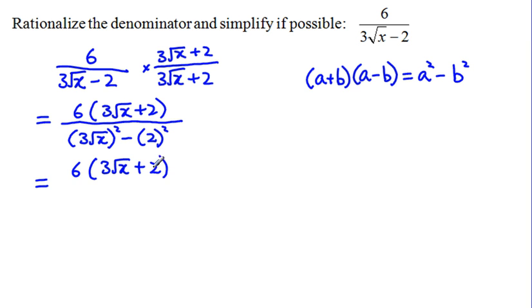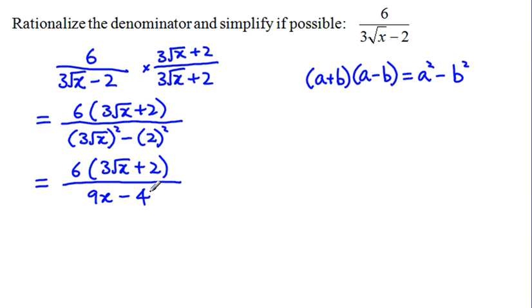We probably don't want to distribute the 6 into the parentheses because later on we might find something that we can reduce. 3 radical x in parentheses squared becomes 9x. 3 squared is 9, radical x squared, then the radical disappears. Minus 2 squared would be 4.